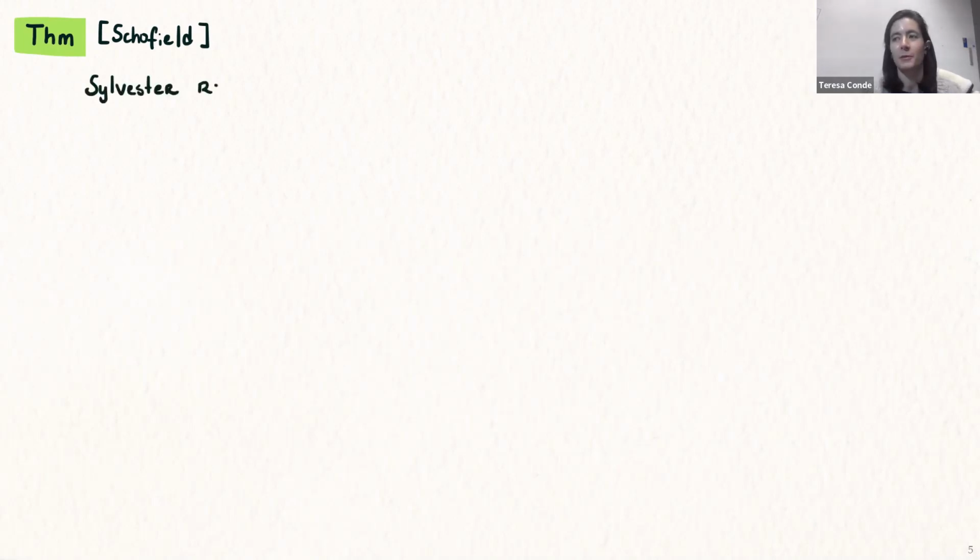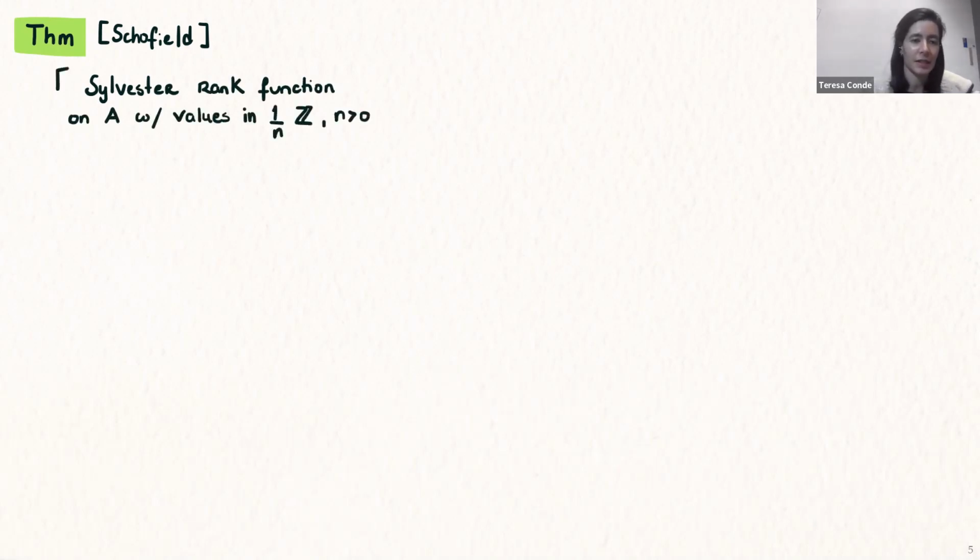Now, in fact, it turns out that a lot of Sylvester rank functions arise as in the example we have seen before. There's this beautiful result by Schofield. I think it's from '85, but maybe I should also be quoting here Cohn and Malcolmson.